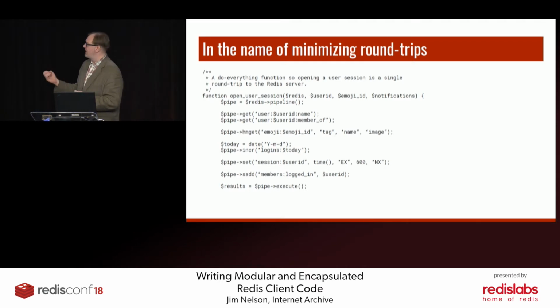We do an HMGET, that's a hash multi-get, to get the details for the user's avatar, for example. And then we want to record how many logins have happened each day. So we use the date function to create a string, and we increment a particular counter for this particular day. That just represents the total number of logins that happened today.